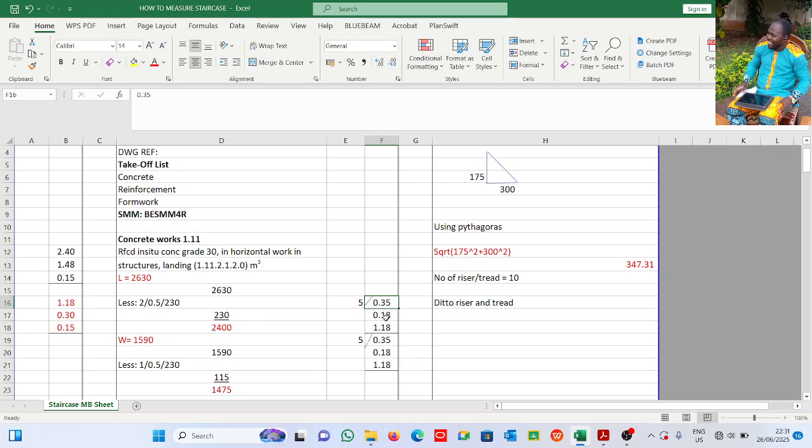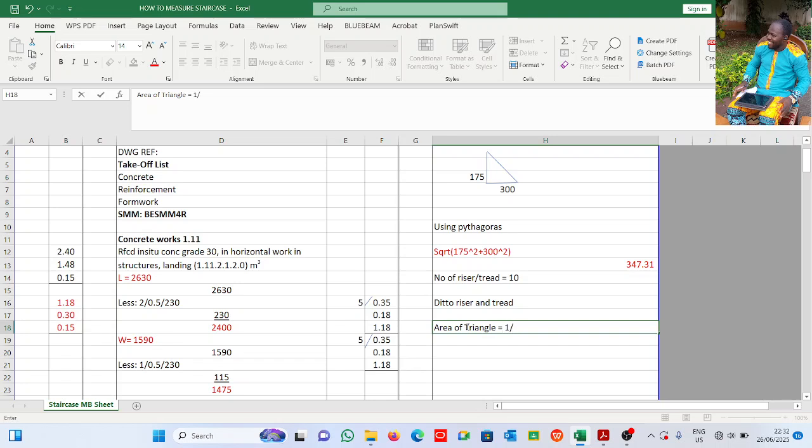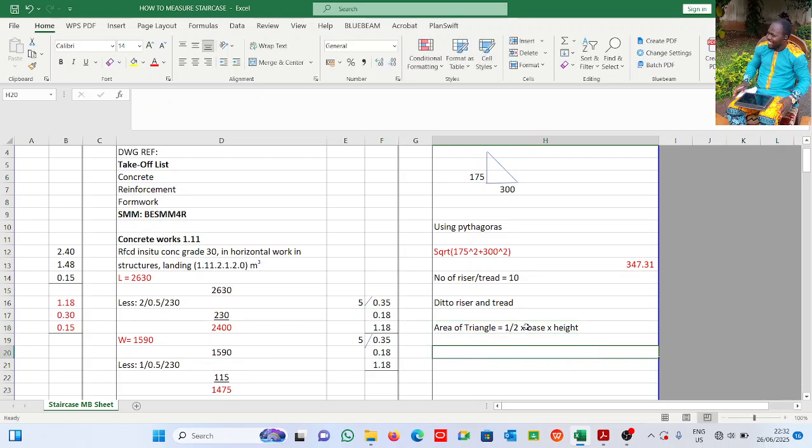We know the area of a triangle is equal to 1/2 times base times height. The base is talking about this.